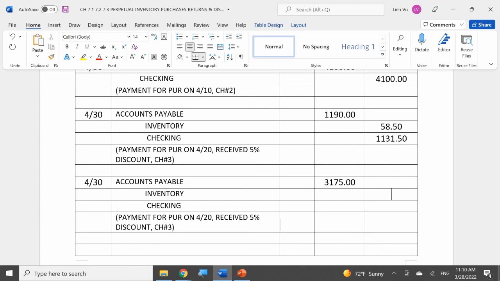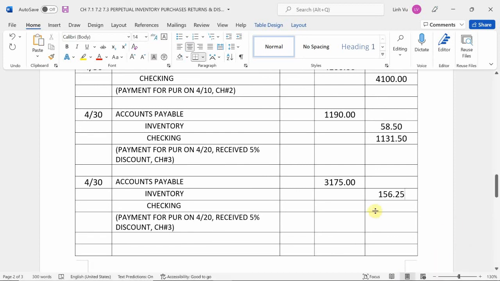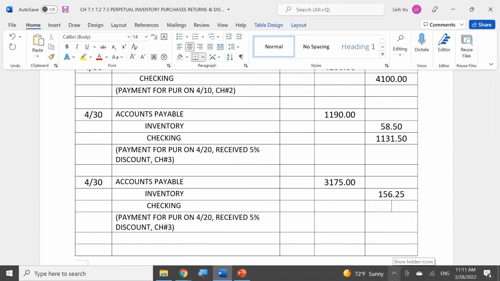So what's 5% of $3,125? $156.25. Okay. So then how much is my check going to be written out for? $3,018.75.